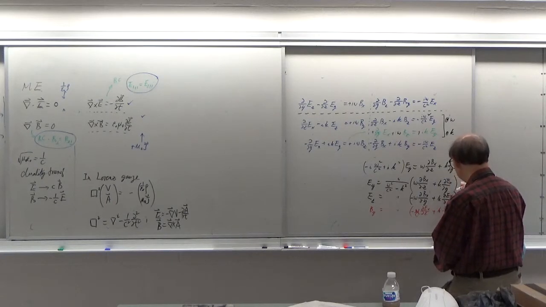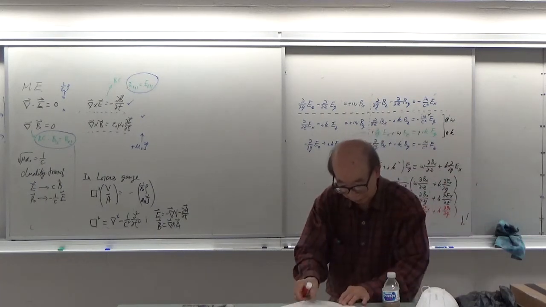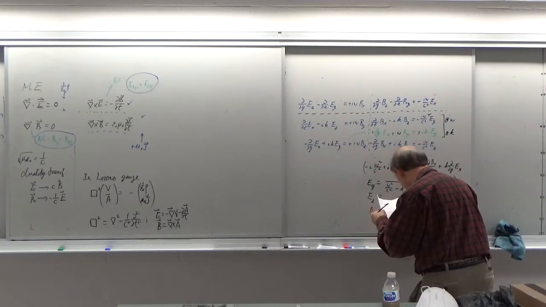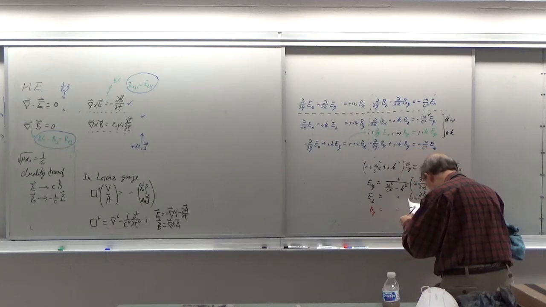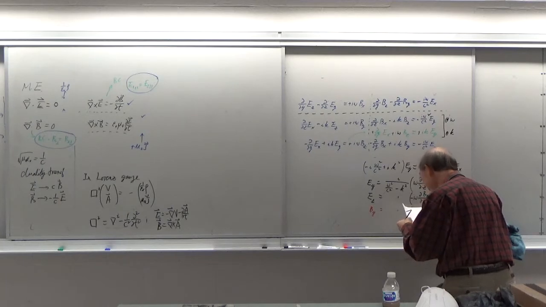So what do I have? Like this, aside from a factor of c. But before that, let me check the others. Remember, By is equal to the same thing, and k del by del z is this one, and this one's minus the Ex. Correct.